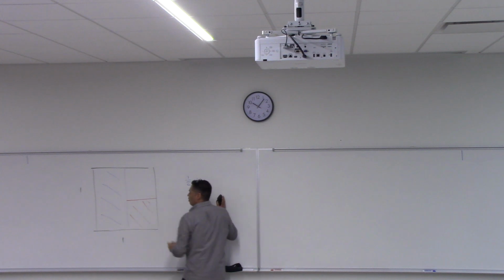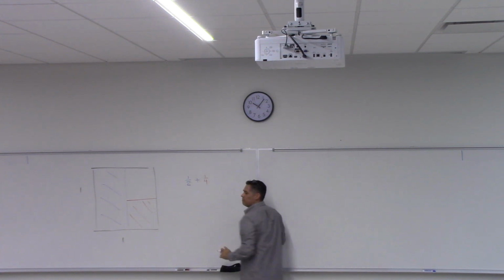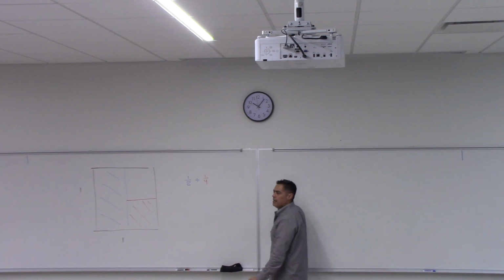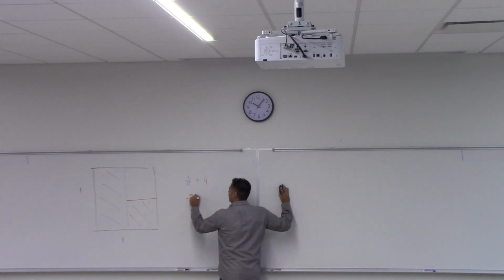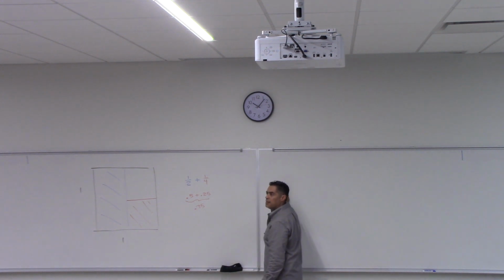So how much do you have total now? 1/2 plus 1/4. Right? And now do it again. So far, what does that add up to be? This is 0.5 plus 0.25. So far, we have 0.75. Do y'all see right there I have it being added right there? Y'all see it?